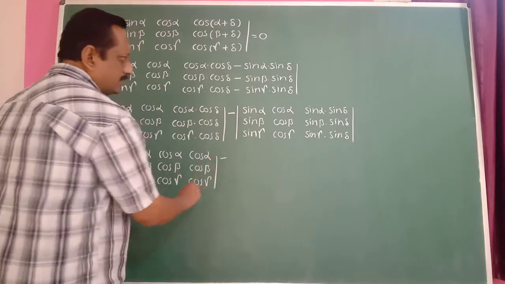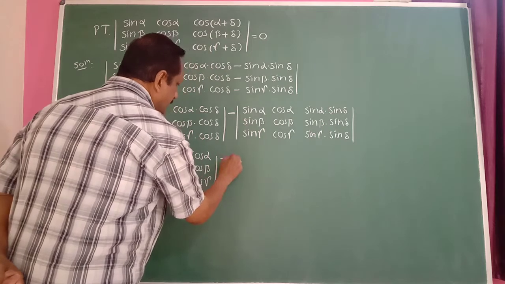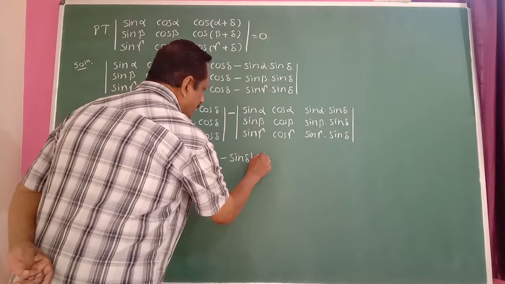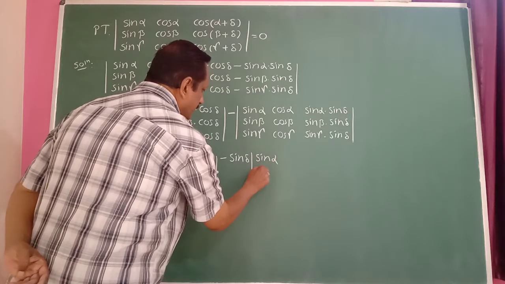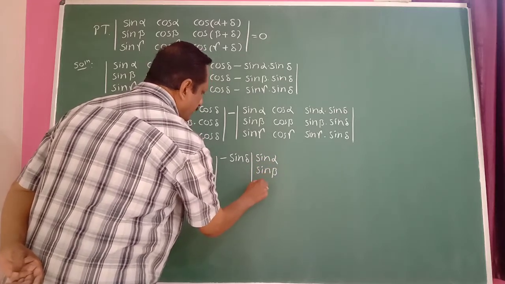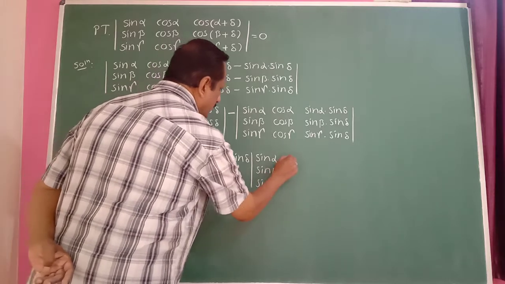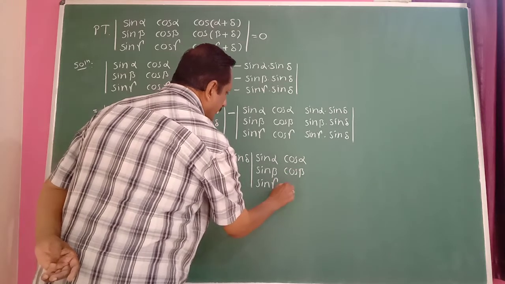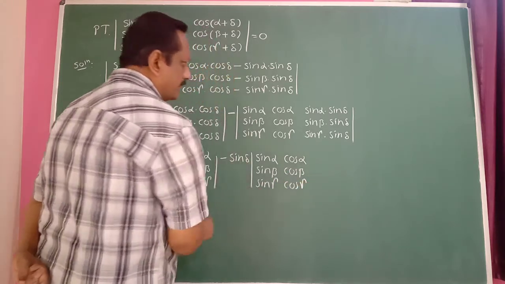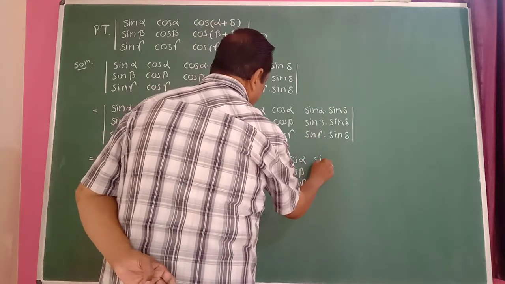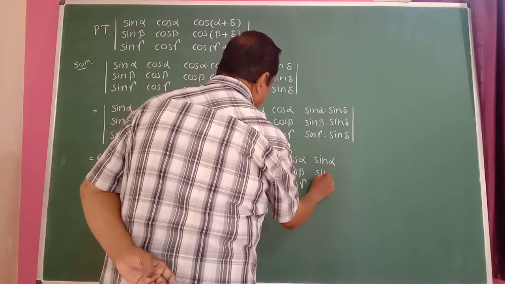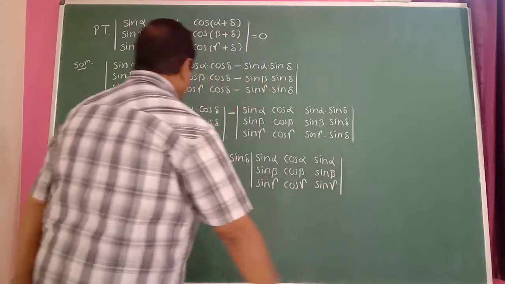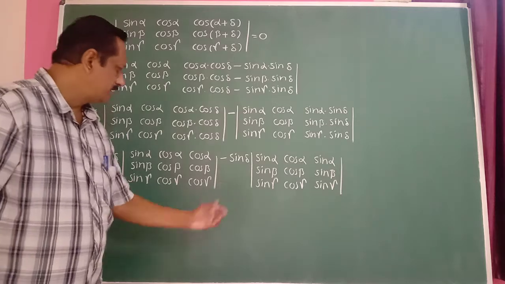Minus sin delta, which is a common factor, times the determinant of sin alpha, sin beta, sin gamma, then cos alpha, cos beta, cos gamma, and here sin alpha, sin beta, sin gamma.